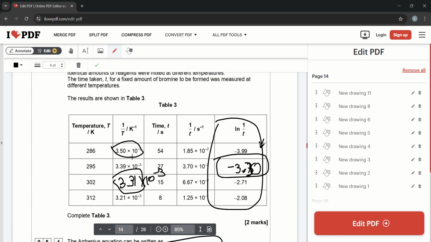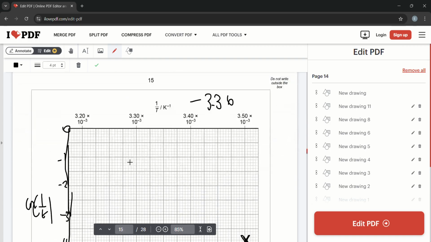1 over T is going to be 3.39 times 10 to the power minus 3, and we know it goes up in, that's 5, that's 10, that's 15, that's 20. 3.40 minus 3.30 is 0.1. 0.1 divided by 20 goes up in 0.005 times 10 to the power minus 3.